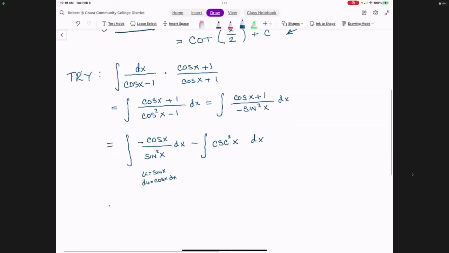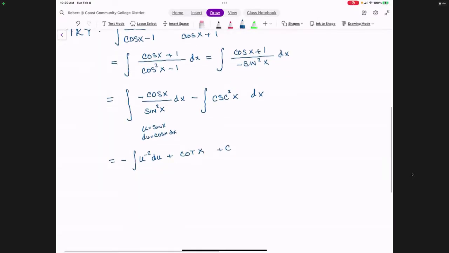And so this is going to be negative integral of u to the negative 2 du, and then this is going to be the cotangent of x, and then there's going to be this constant c hanging around.